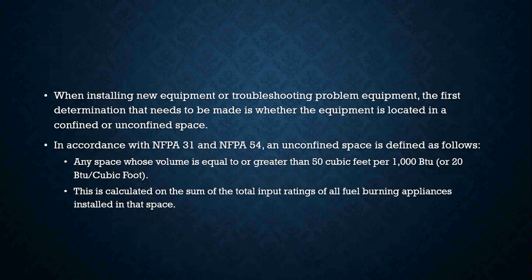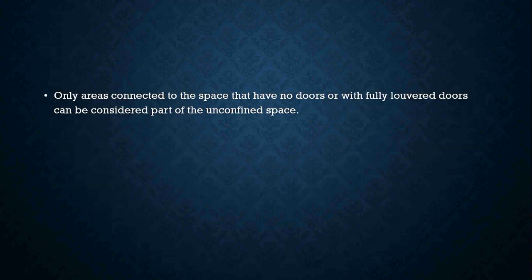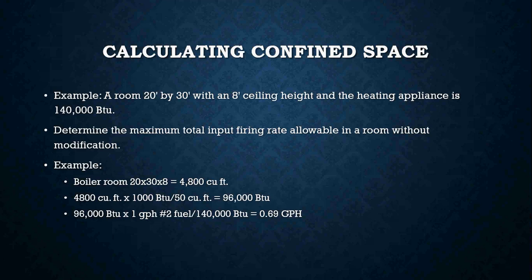This is calculated by the sum of the total input rating of all fuel burning appliances installed in that space. Only areas connected to the space that have no doors or with fully louvered doors can be considered part of the unconfined space.